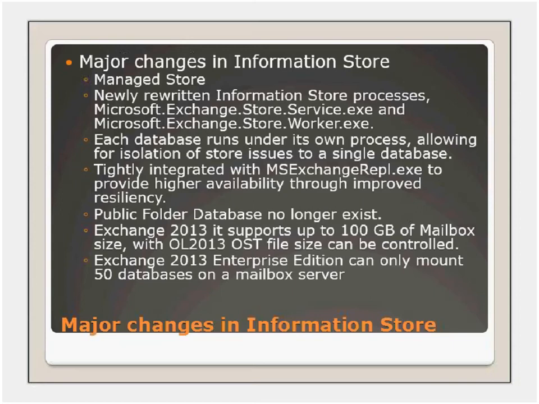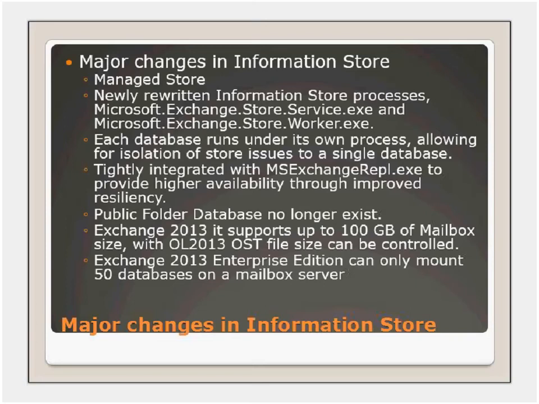This is something new with this version, which means this worker.exe is a process that runs one for each database. So if you have two Exchange databases, you will have one store service.exe process and two store worker.exe processes.